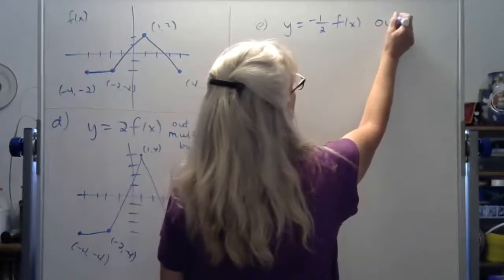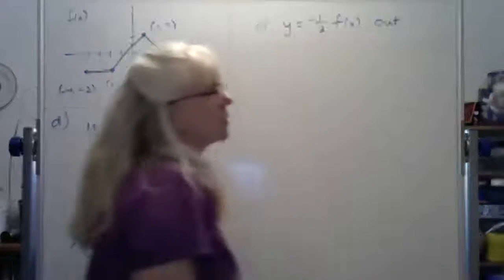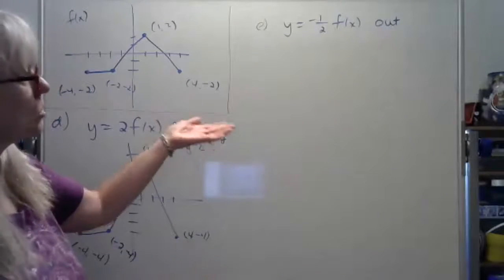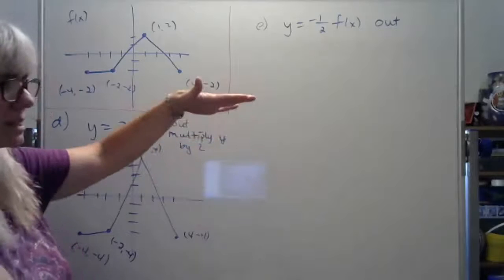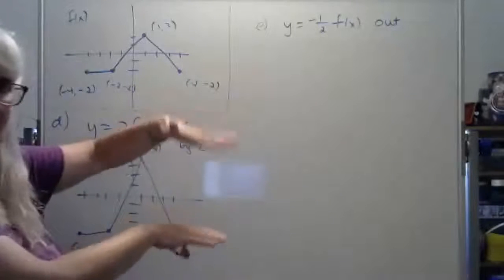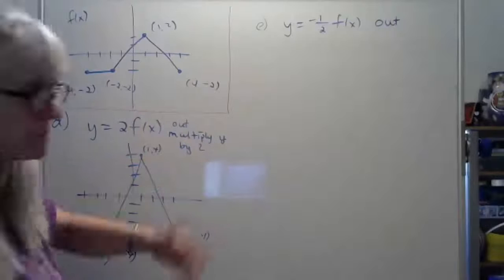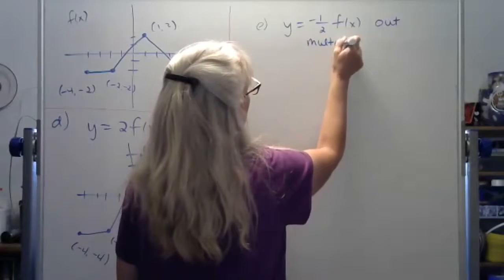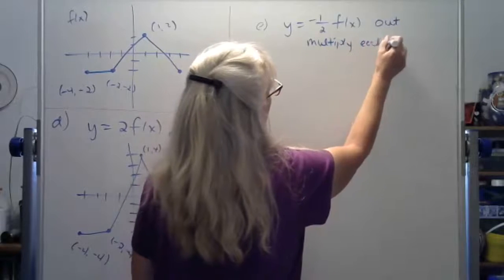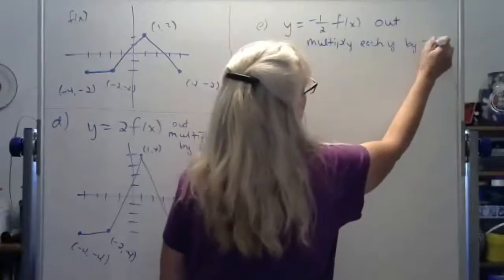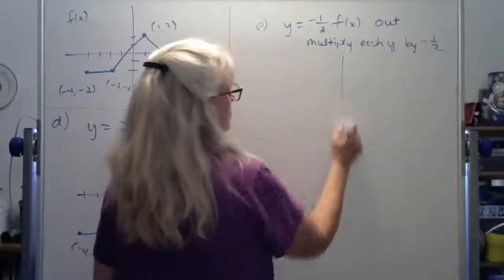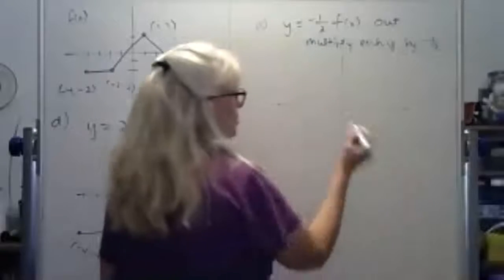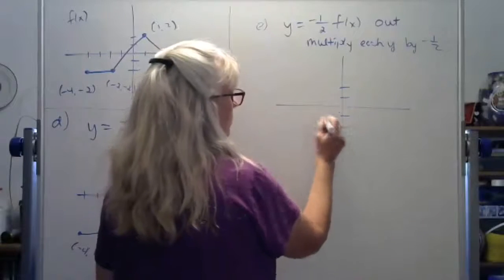Out. So the negative is going to do a reflection. The 1/2 is taking all the y values and cutting them in half. I'm going to do it both in the same step here. So what we're going to do is multiply each y by a negative 1/2. So the negative will do our reflection like we think we should be doing.